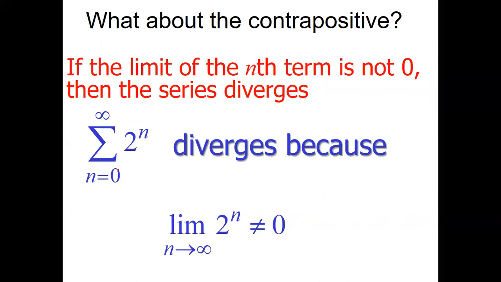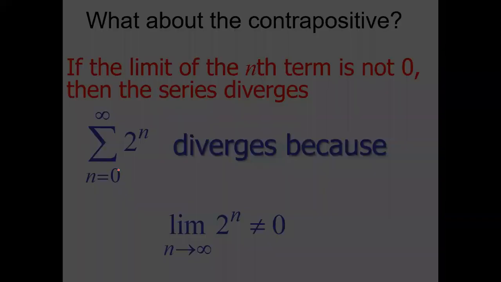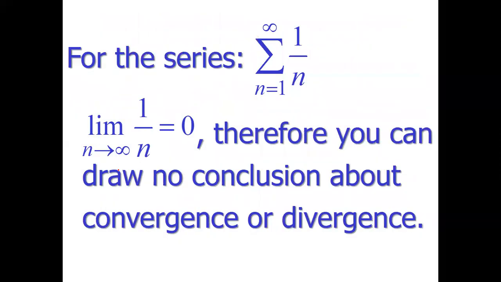Very easy to prove divergence. It's difficult to prove convergence. You can't really say it converges just because it goes to 0. Hope that's making sense. So for this series, the limit goes to 0. This is my 1/2, 1/3, 1/4. That's this series. And I can't tell whether or not it converges or diverges. We're going to need some other tests, which we will learn in subsequent days.